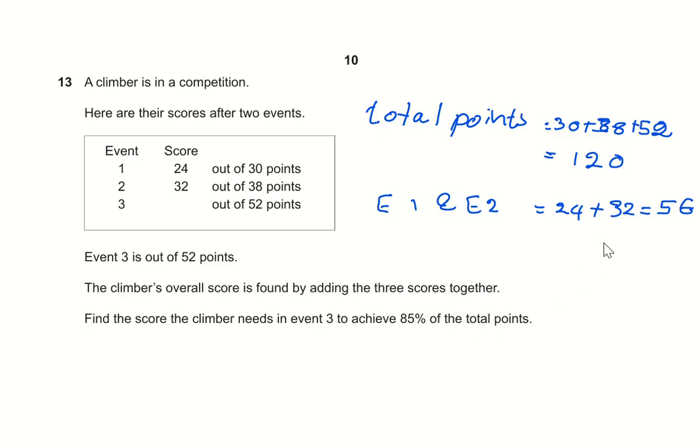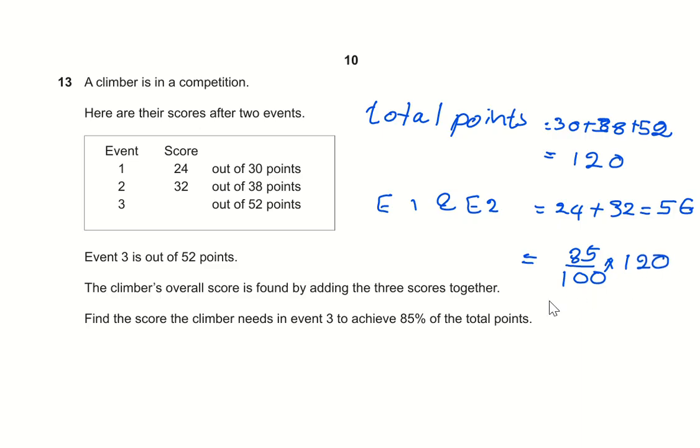Okay. So I'm going to find out what he needs if he wants 85% of the total. For 100, he needs 85. But actually the total is 120.